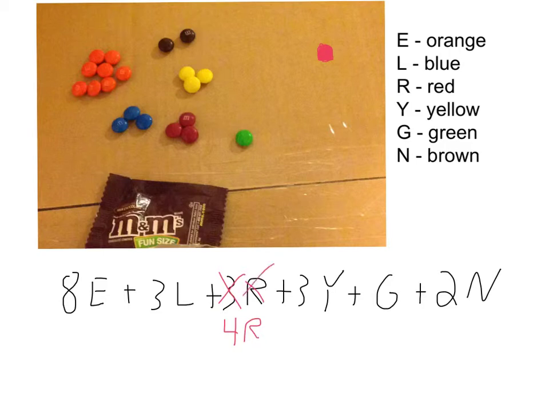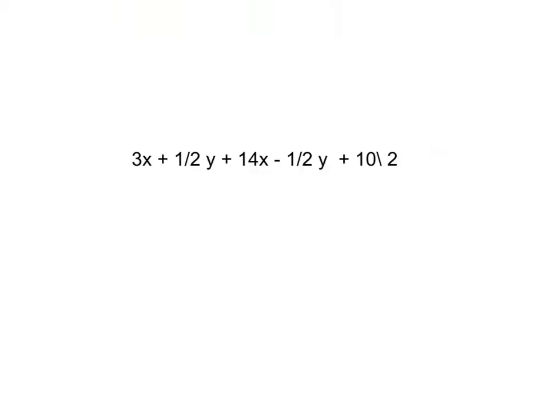Notice how I don't add it over here, I don't add it here, or to the green, or to the brown. I don't add it there because it's not the same thing. They don't represent the same quantity of values. Alright, that's combining like terms.